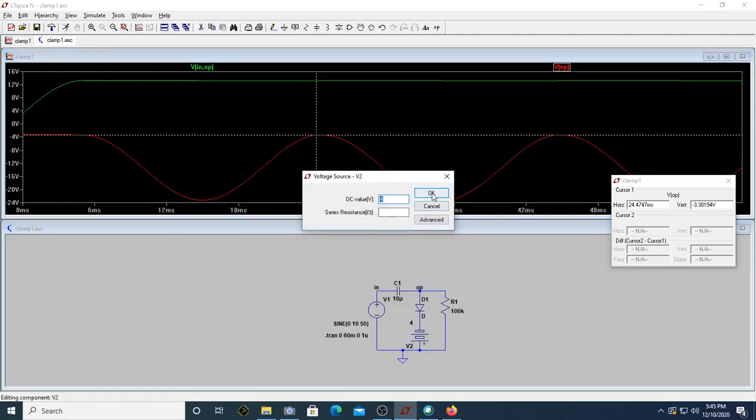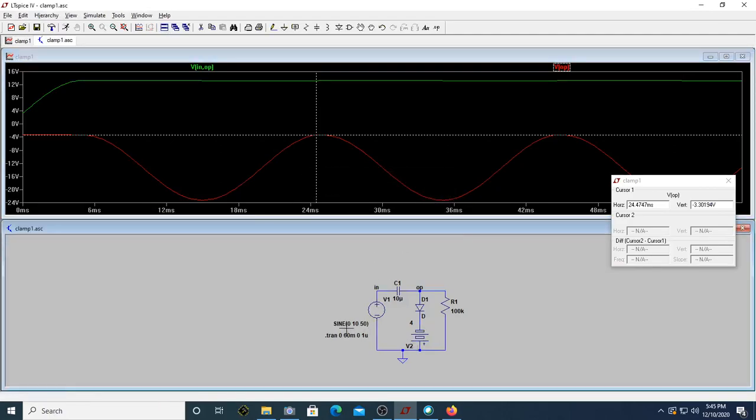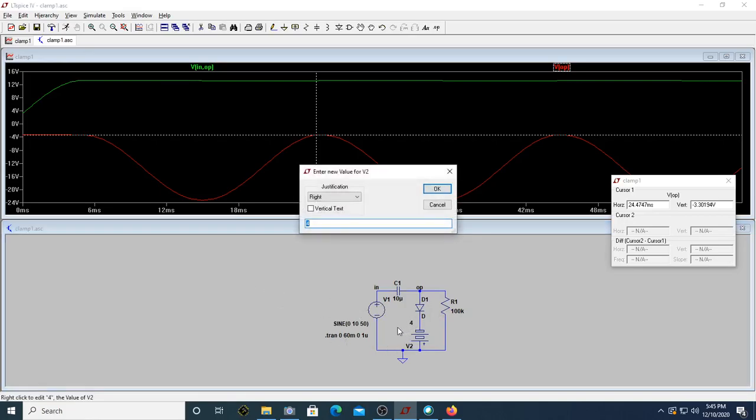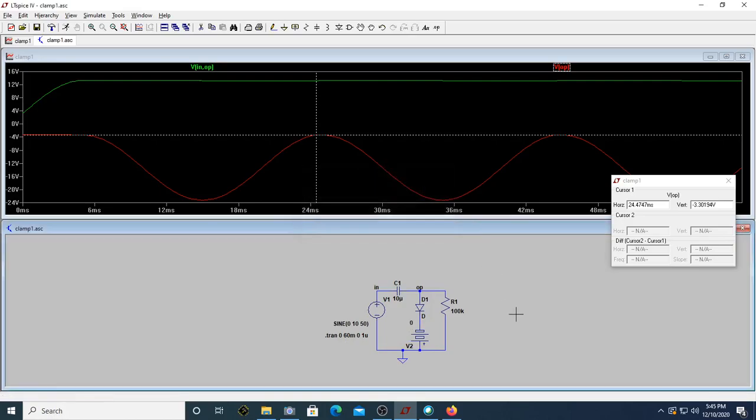Okay, let me sweep this for different cases, of course, by reversing the diode. Suppose I reverse the diode and make this voltage 0, and then reverse the polarity of this diode.